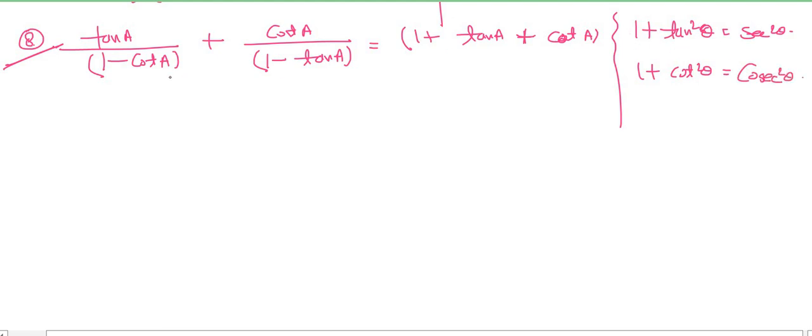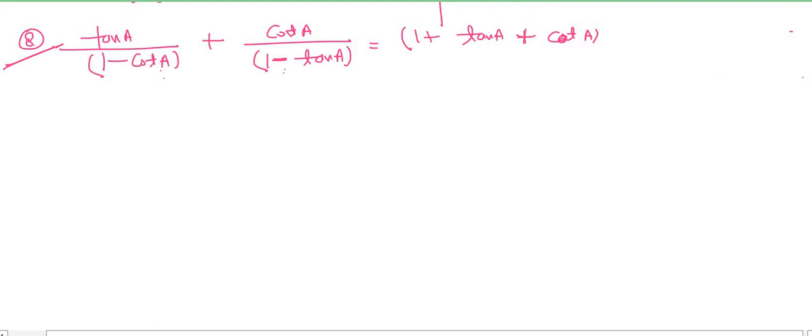But these two formulas we will not be able to use here, because here we need squares, square of tan and square of cot, but here we don't have squares, so it doesn't make any sense to use it here. Okay, so there is no option that we can use, so the only thing is we can simplify.